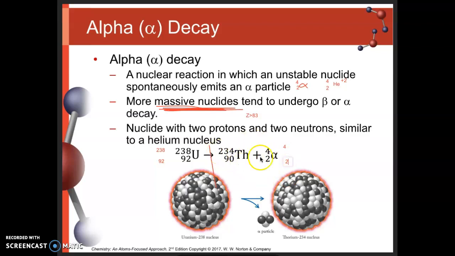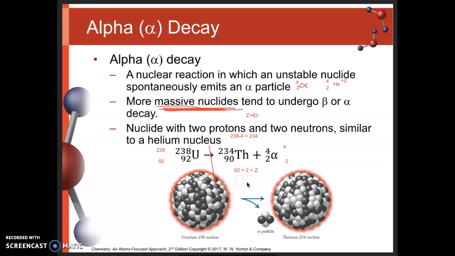If I didn't know what the other particle was, I could just use my law of conservation to say, okay, I had 238 on the left-hand side, I've got 4 on the right-hand side, so 234 is left over. That must be my mass number. On the flip side, I had 92, and I've got 2 over here plus some unknown, which we'll call Z, because that's our common notation for atomic number.